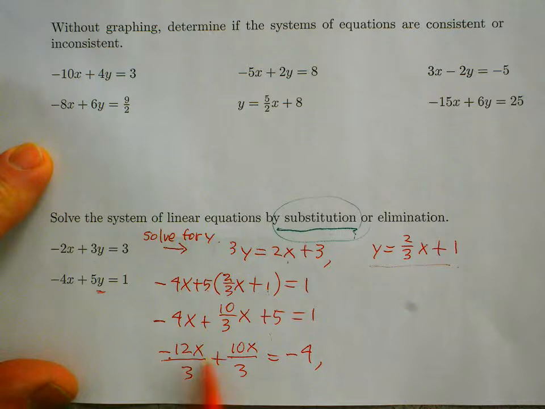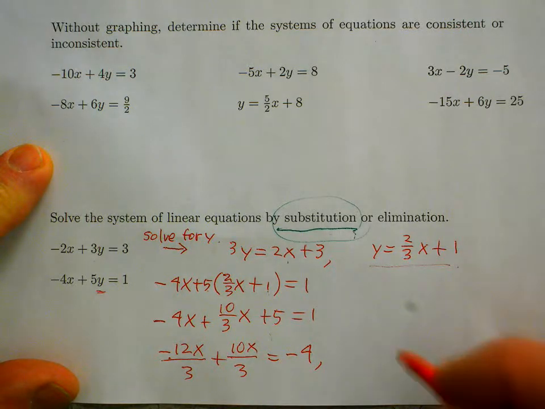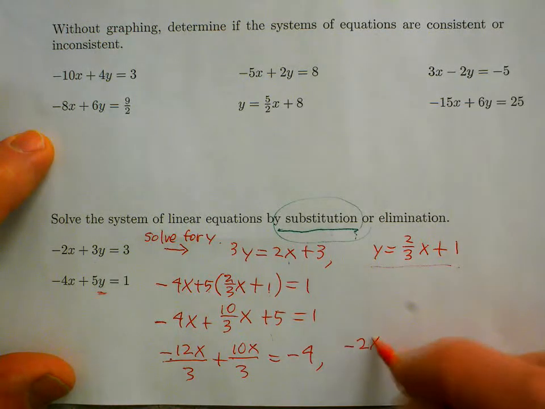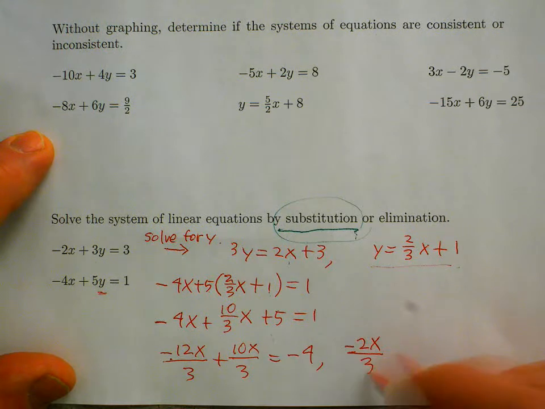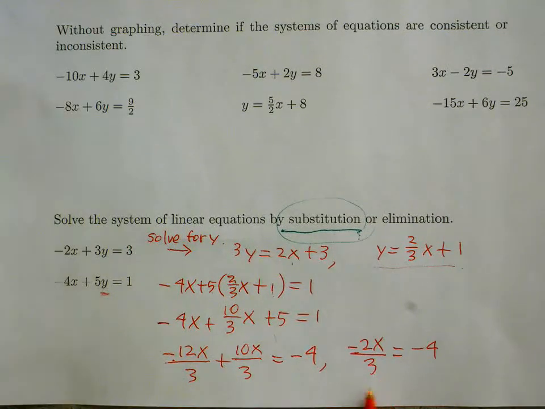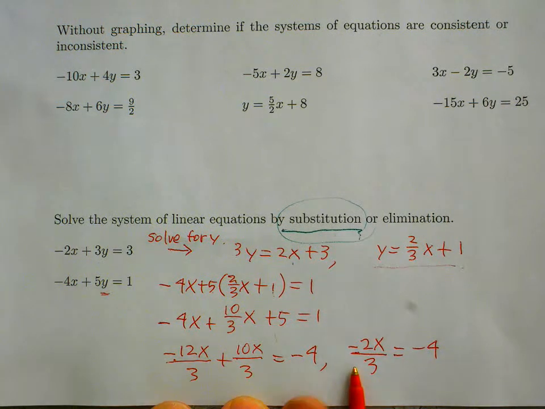And then negative 12x divided by 3 plus 10x divided by 3 is negative 2x divided by 3 equals negative 4. And then we multiply both sides by the reciprocal of negative 2/3.